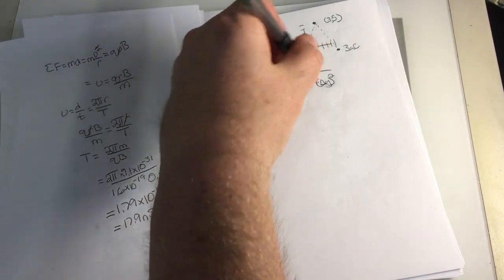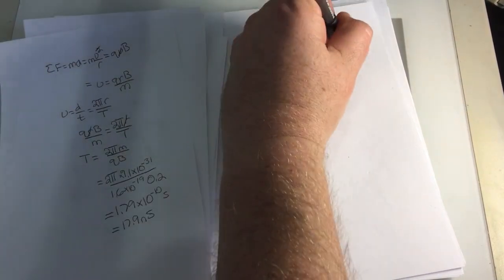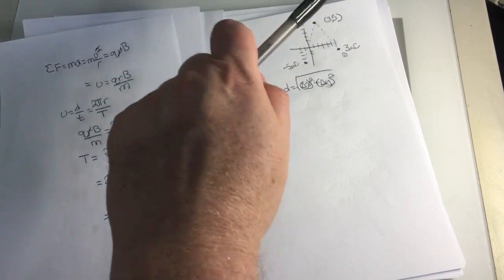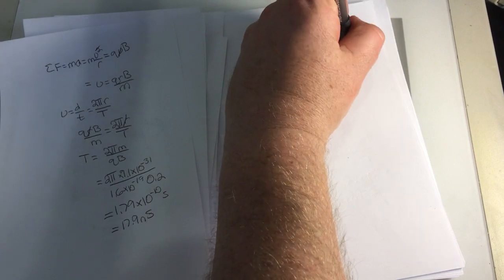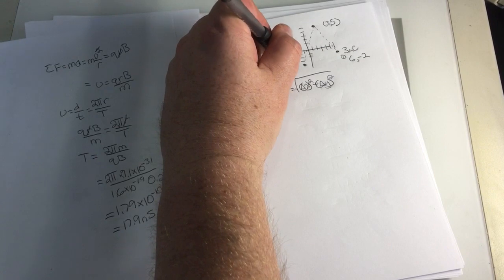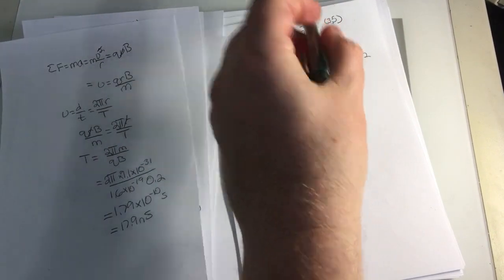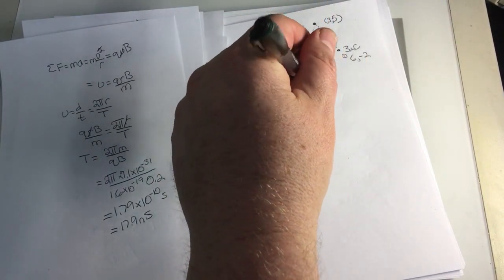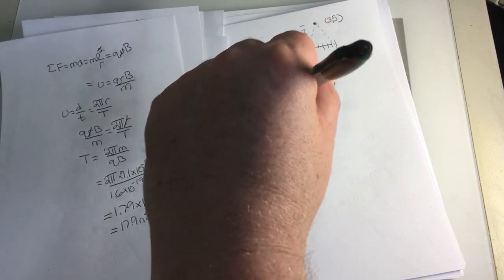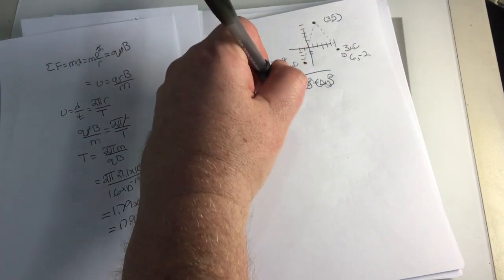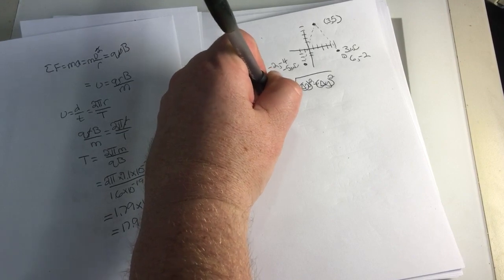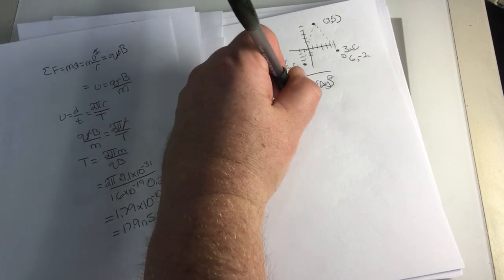So for the first one, for charge 1, the 3 microcoulomb charge, the change in x was 3 millimeters, or 0.003 squared.